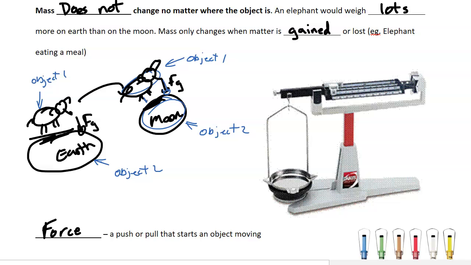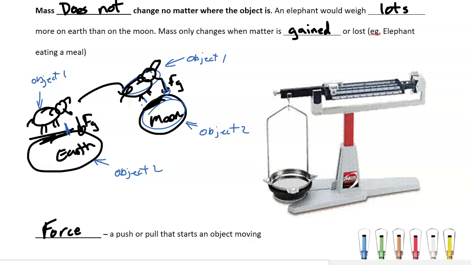Now you may already be guessing that the force of gravity actually exists between all objects of mass and all other objects of mass within the universe, which means you are actually gravitationally pulled towards the moon right now.